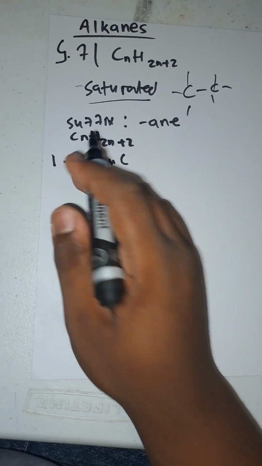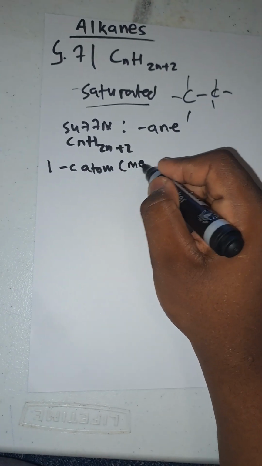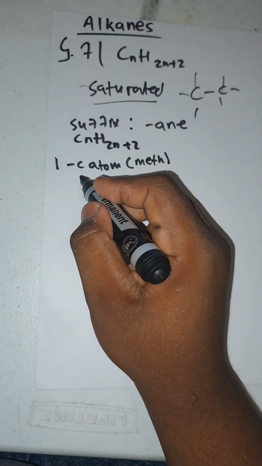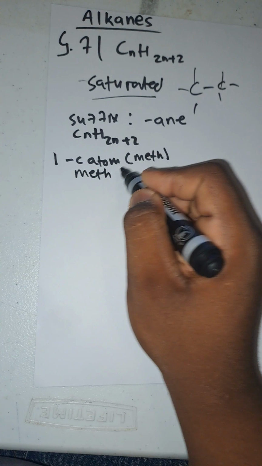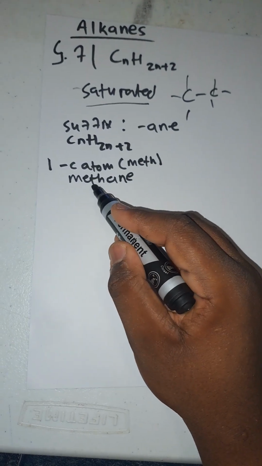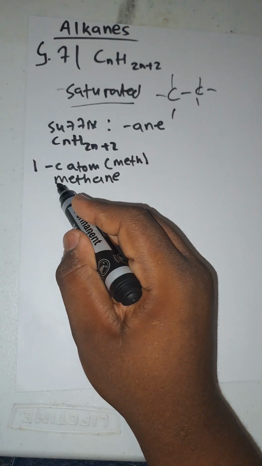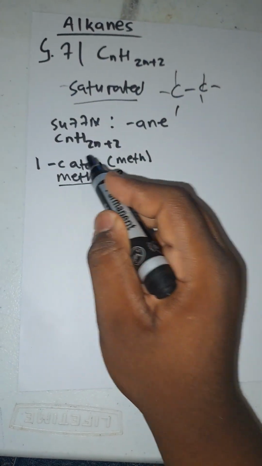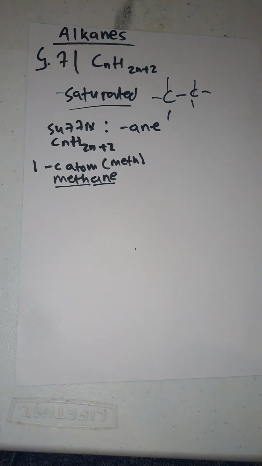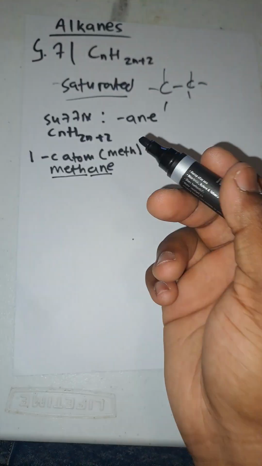What is one carbon atom called? It's called meth. So what do we call it? It will be methane. When you have one carbon atom, we refer to it as methane, because meth is for one carbon atom, and ane is the suffix for alkane. Can you see it?